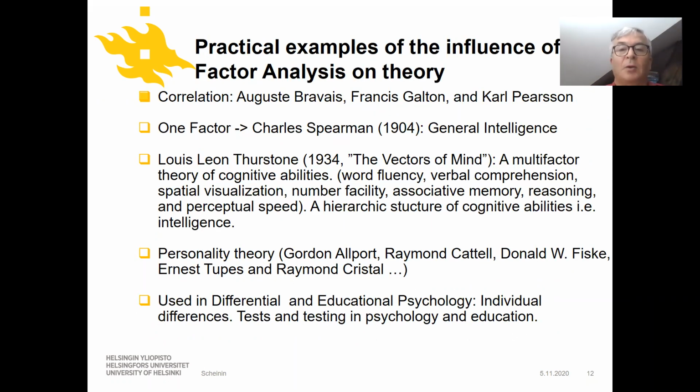Okay, quick look at how this way of thinking was developed. We started out with correlations, so we had Francis Galton interested in, among a lot of things, the inheritance of intelligence.